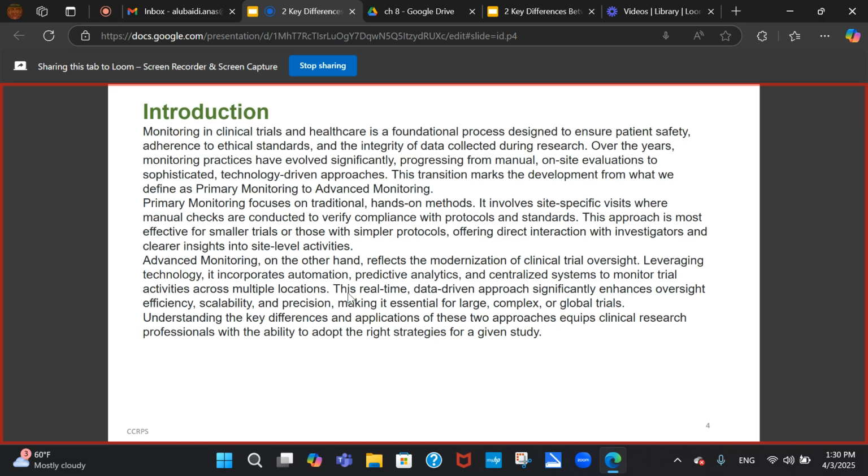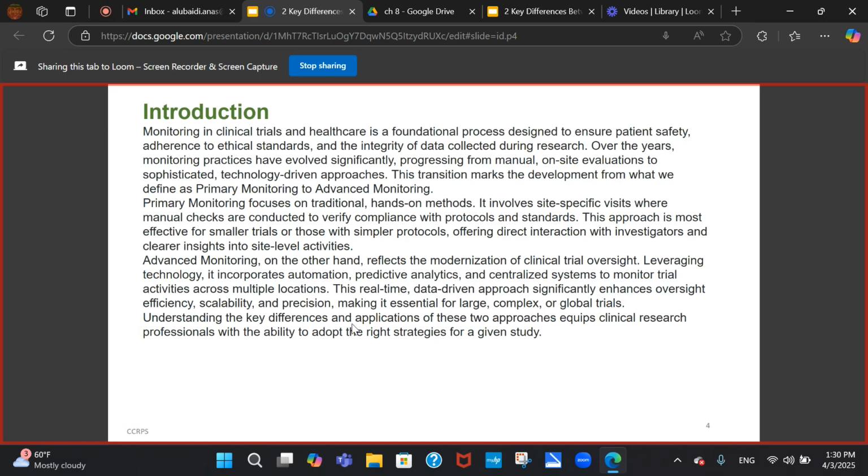This real-time data-driven approach significantly enhances oversight, efficiency, scalability, and precision. Each element is enhanced, making it essential for large, complex, or global trials.